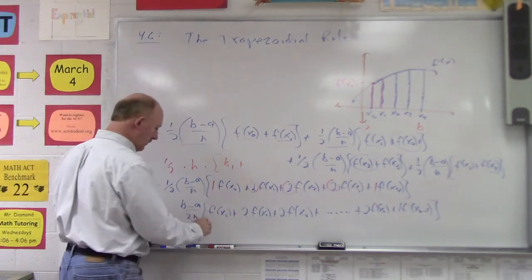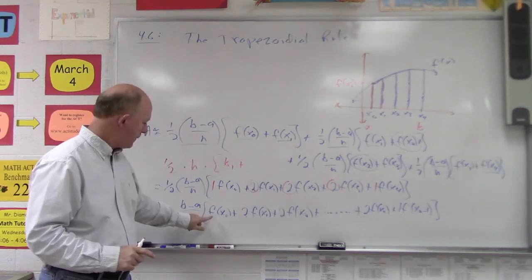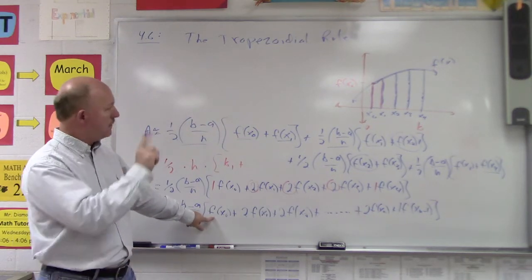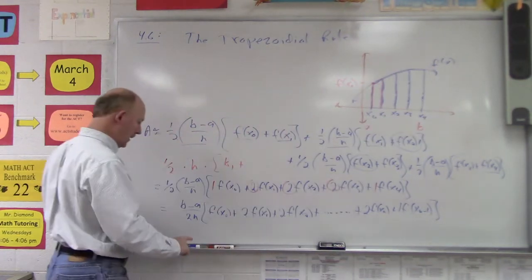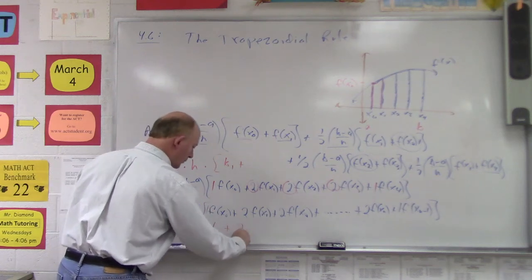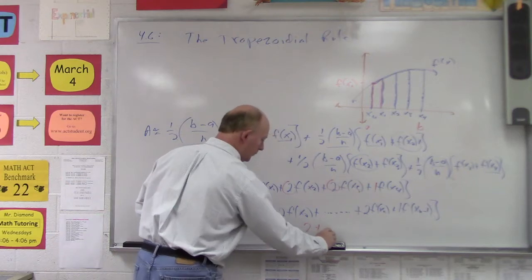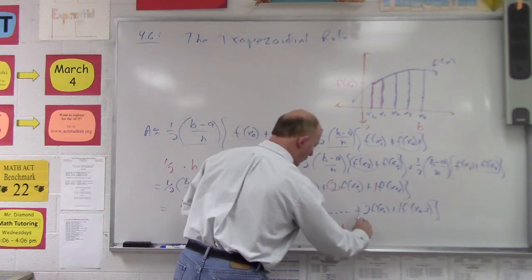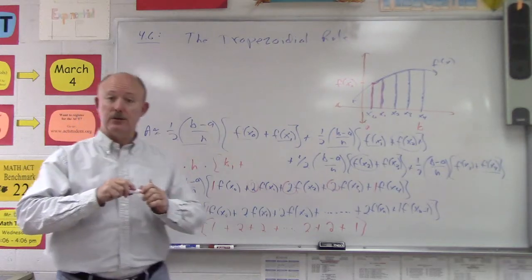Now you want to notice, on our bases down here, the first base is only used one time, and the second base is only used one time. So if you look at these numbers here, you can have 1 plus 2 plus 2 plus, right on down, 2 plus 2 plus 1. These are the coefficients on your bases.